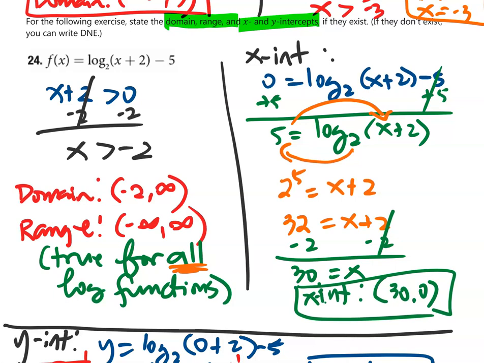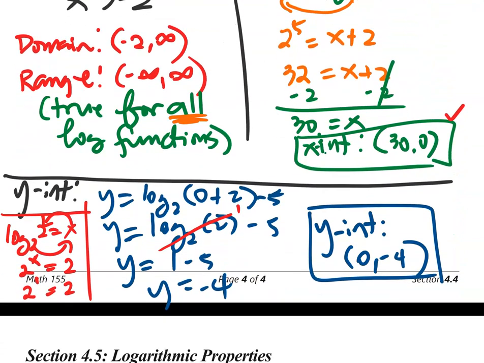So plug in 0 to y, and then you can rewrite this to exponential form. So 2 to the 5th is equal to x plus 2. 2 to the 5th is 32. Subtract 2 from both sides, x is equal to 30. And that's why x-intercept is 30, 0.